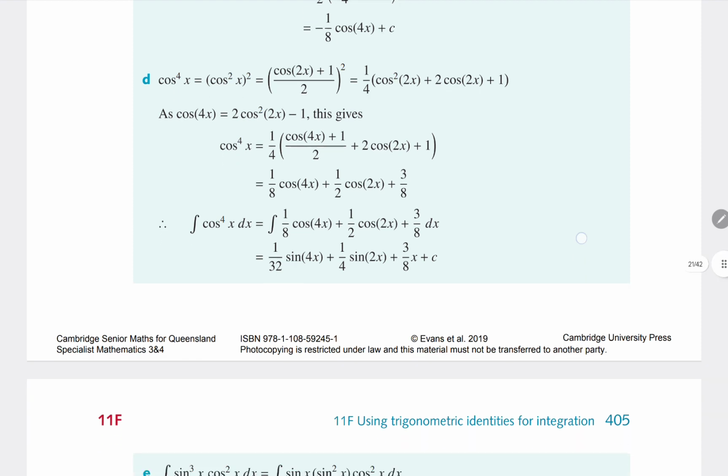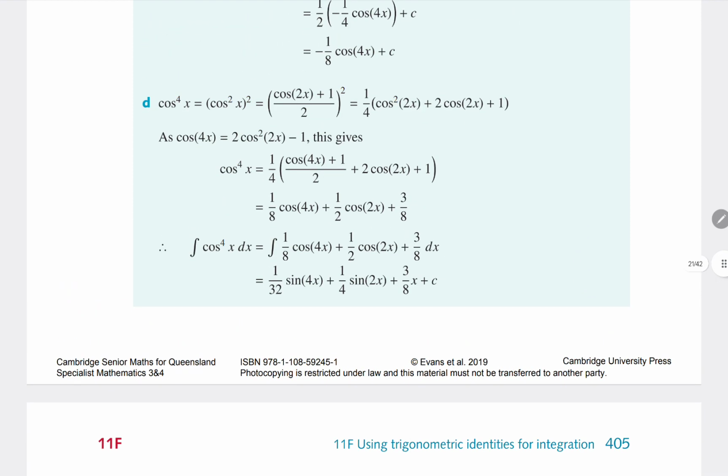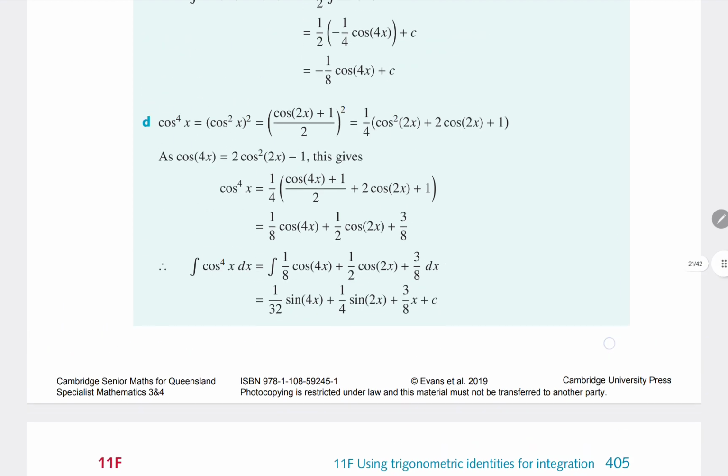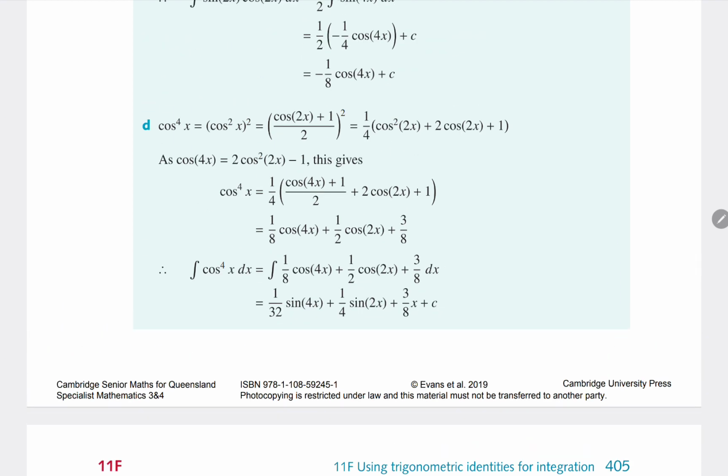Same thing. If you take out 1 over 32, you get the same answer. It will be 8 sine 2x and then 12x plus c. Textbooks are sometimes inconsistent. Sometimes they take out the common factors, sometimes they don't. Does it make sense? Yeah, it makes sense.